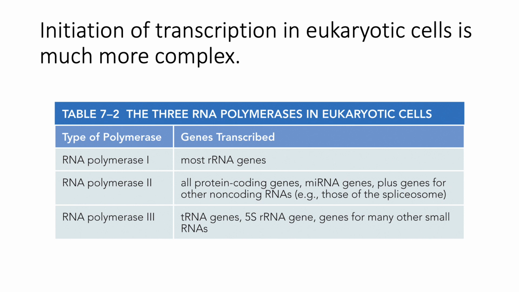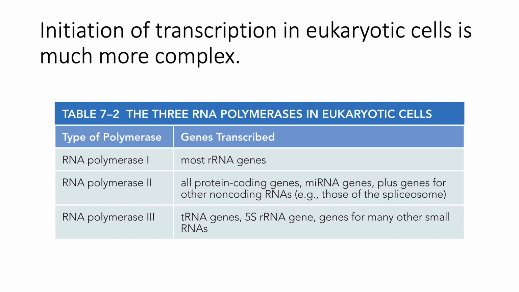There's RNA polymerase 2, which is what we're going to be focusing on, because most of the work that's been done has been done on RNA polymerase 2, because all of the protein coding genes are encoded by RNA polymerase 2. There are some other genes like microRNA genes and other non-coding RNAs which are encoded by RNA polymerase 2, and they'll have similar promoters. And then RNA polymerase 3 encodes smaller RNAs like transfer RNAs, the small ribosomal RNA, and other small RNAs.